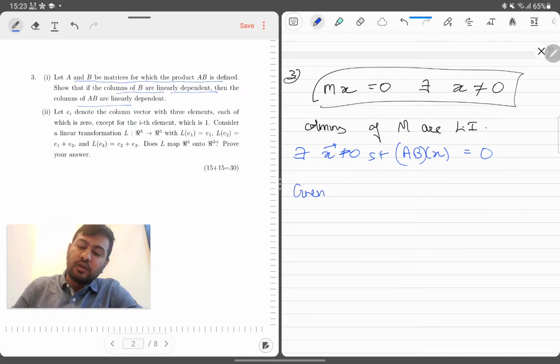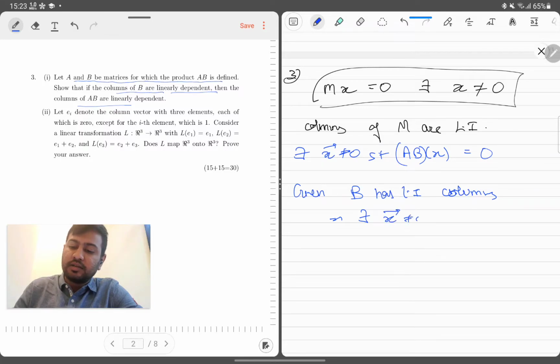Now, given that B has linearly independent columns, it implies that there exists x vector not equal to 0 such that Bx is equal to 0.